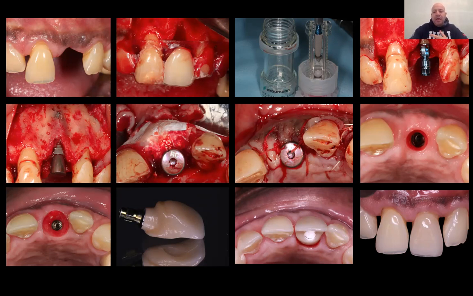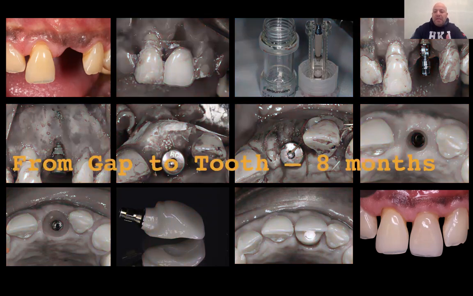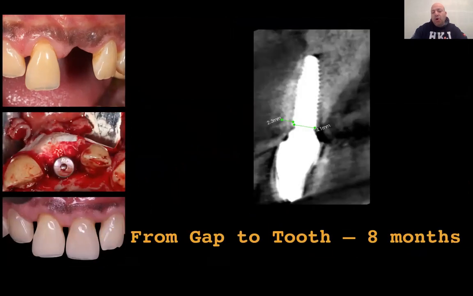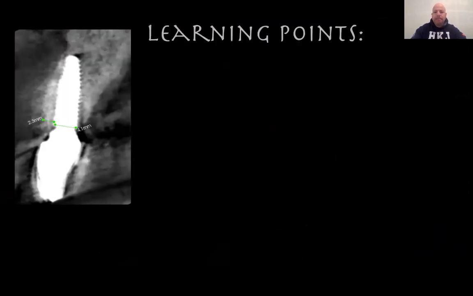And then from there, we managed to get a nice final restoration, which is screw retained and matching the adjacent teeth. This treatment took us more than 32 weeks. And that's normal because, as long as you give a patient full information what's happening, and at certain time you give them a good temporary crown, patient won't mind waiting.